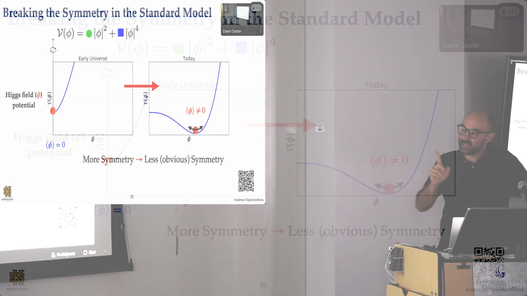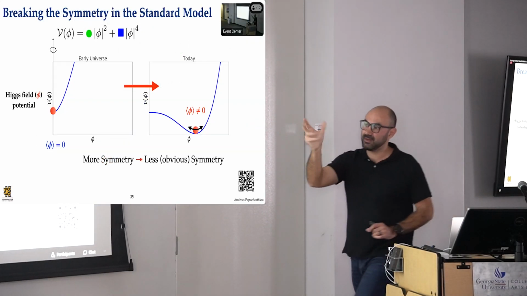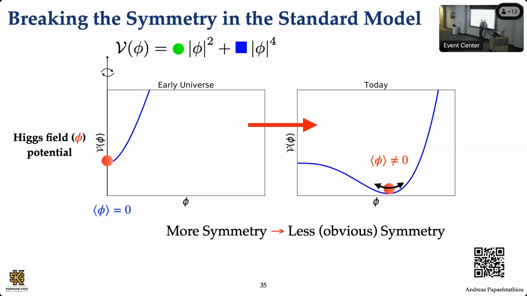So again, going from the early universe, you have this symmetric situation. So this phi with brackets equals 0 means the average value of the Higgs field everywhere in space should be 0 because that's what the potential for it is. And today, however, we know that we are here.